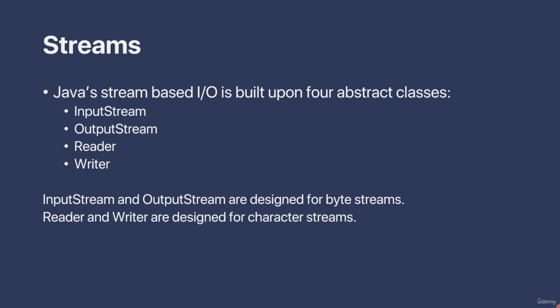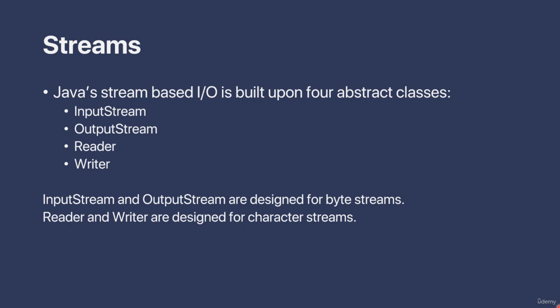The byte stream classes and the character stream classes form separate hierarchies. In general, you should use the character stream classes when working with characters or strings, and use the byte stream classes when working with bytes or other binary objects. Okay?